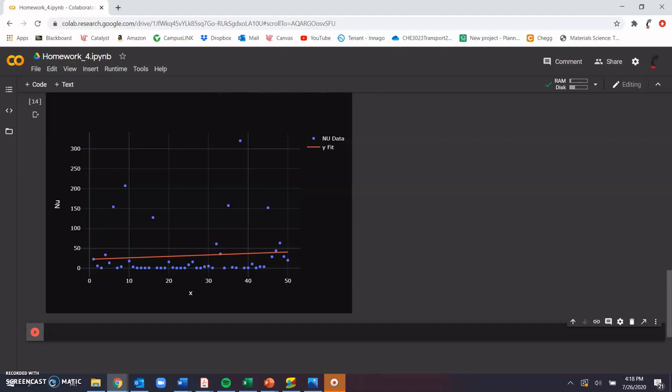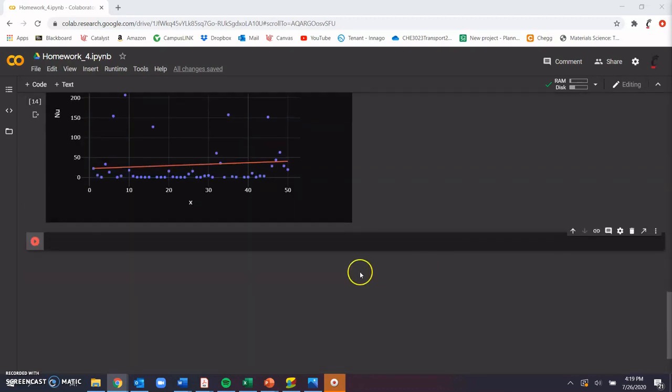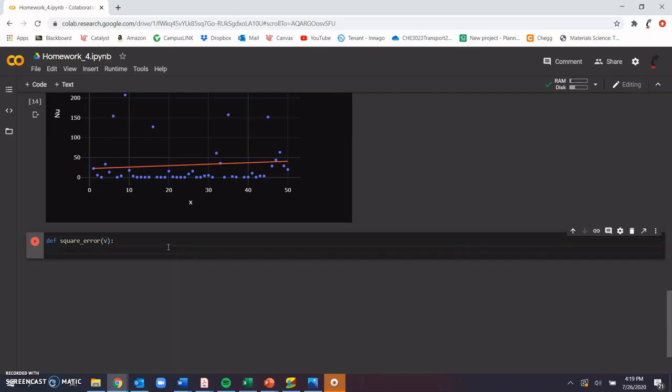Now the next thing that we have to do is minimize the mean relative square error between the model and the synthetic data. So go ahead and do that. First off, start off by defining square error. We'll do that as a function of v. So we'll initially start off by saying that v, that our a, b, c, d, c1, c2, and c3 equal v.